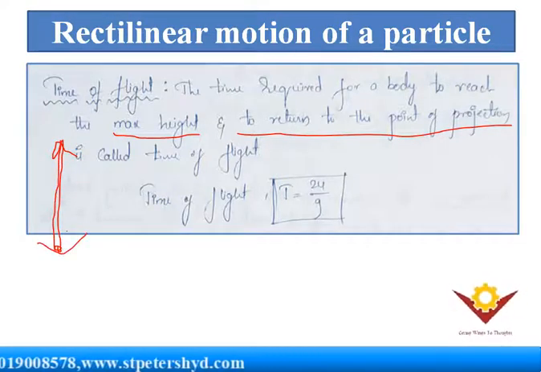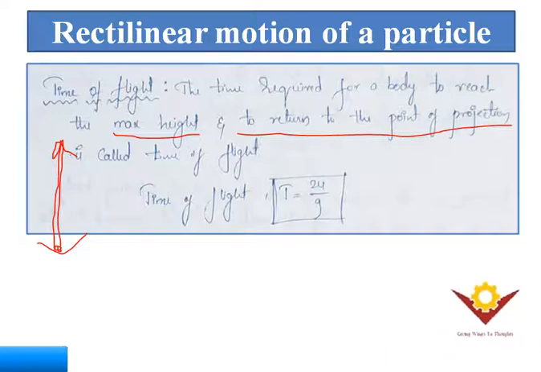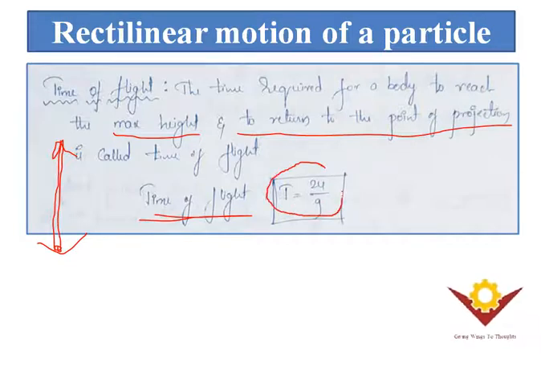The time required to travel to maximum height and return to the point of projection is called time of flight, and the time required for this is 2u by g.